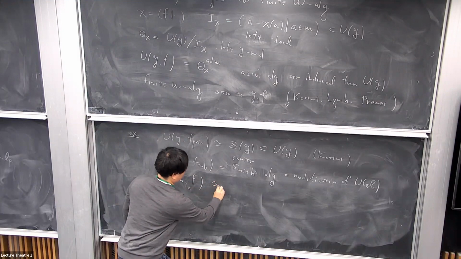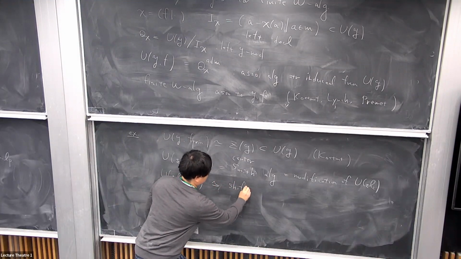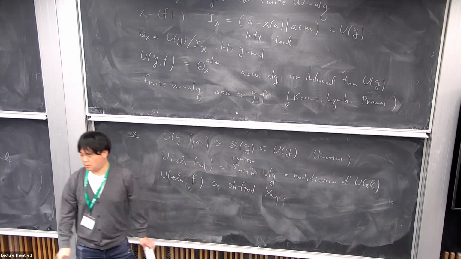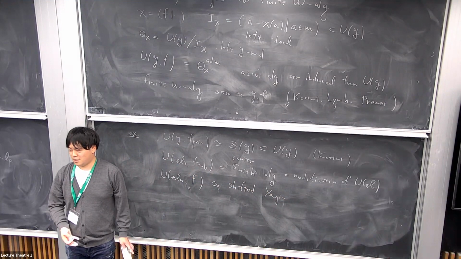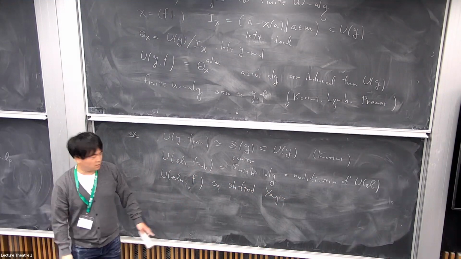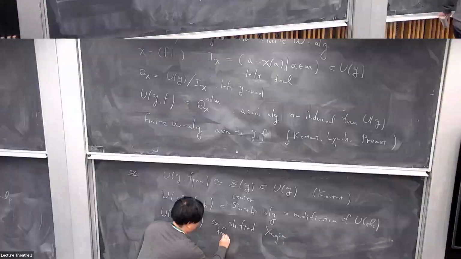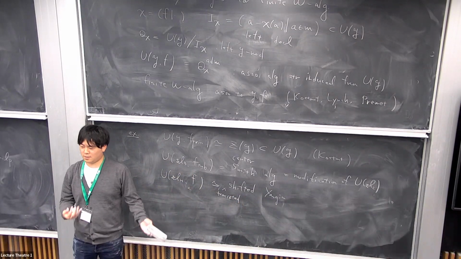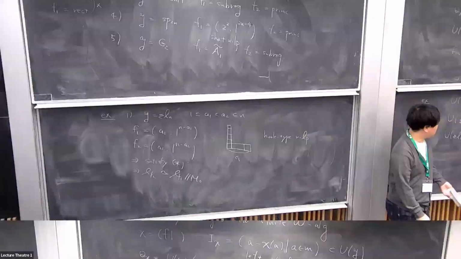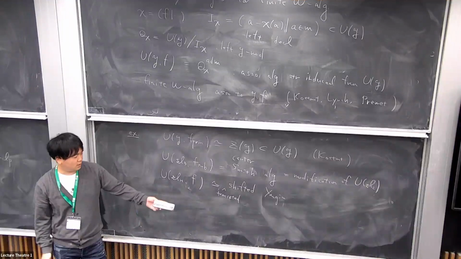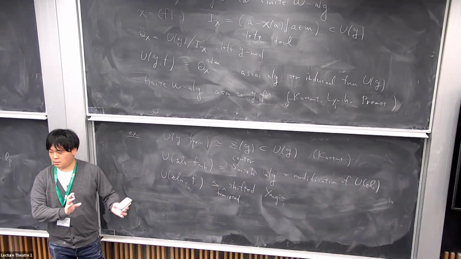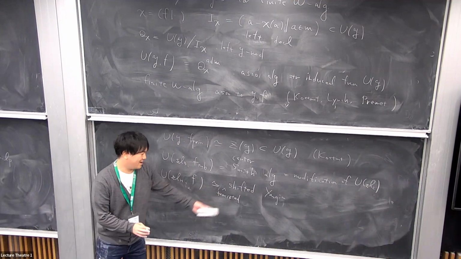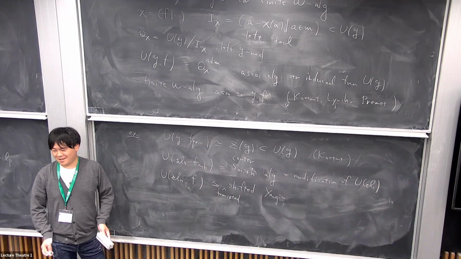In general, for SL_N, it is isomorphic to the shifted Yangian, truncated. Shifted is a subalgebra, and truncated, you want a quotient.